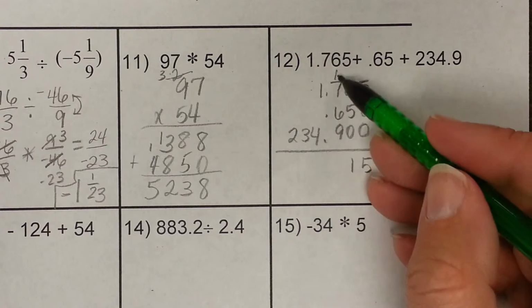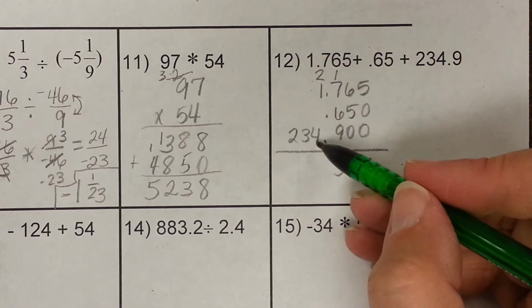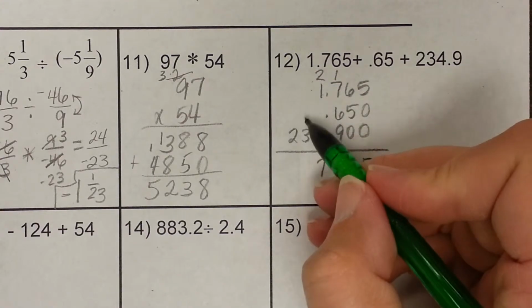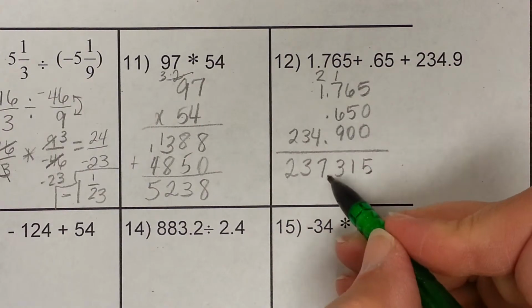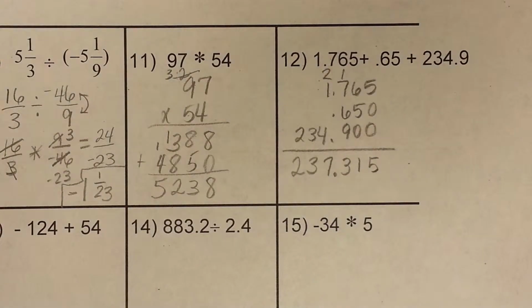Next I have 13 plus 10, which would be 23. 4 plus 1 is 5, plus 2 is 7. Then a 3, and then a 2. My decimal goes straight down. 237.315. Or 237 and 315 thousandths.